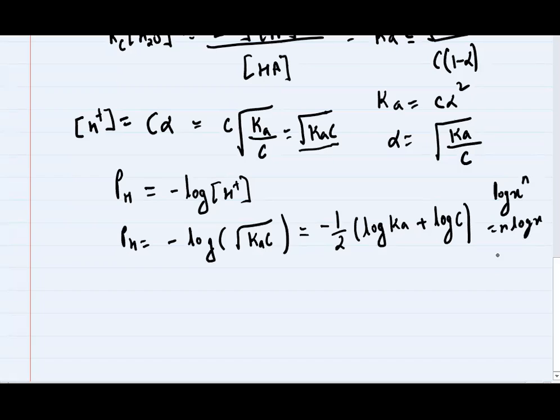And second property, log A into B is equal to log A plus log B. These are the two properties, okay? Right? Imba, Suhas, Anamika, got it? Now I'll just rub these.